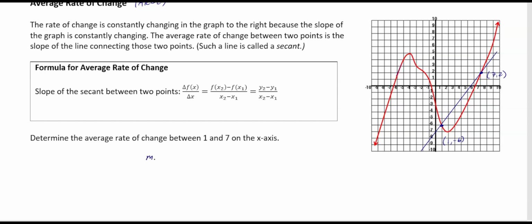The slope of the secant is simply equal to y2 minus y1 over x2 minus x1. I'll choose this second point as my (x2, y2). So I'm going to do 2 minus -6 over 7 minus 1, and I get 8 over 6. So the slope is equal to 4 over 3.